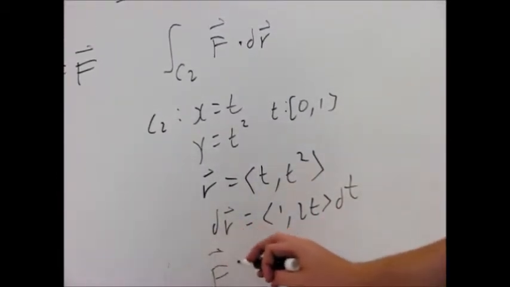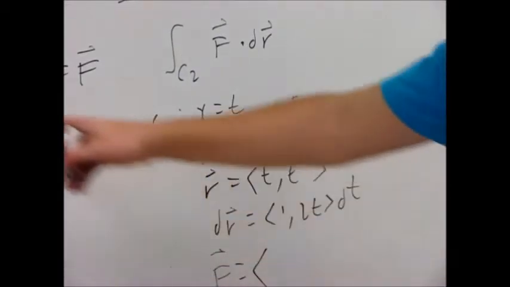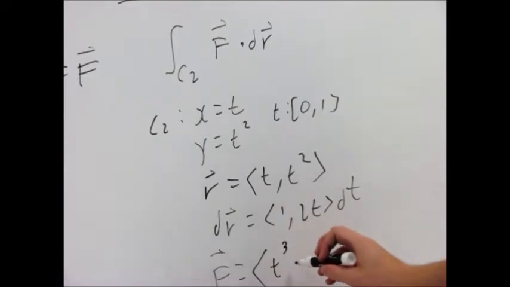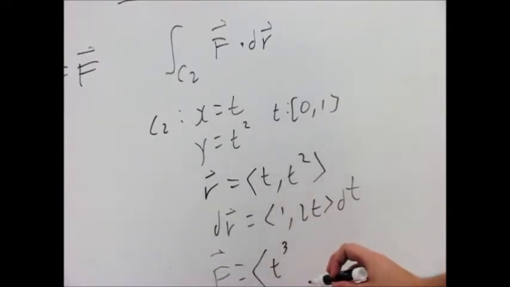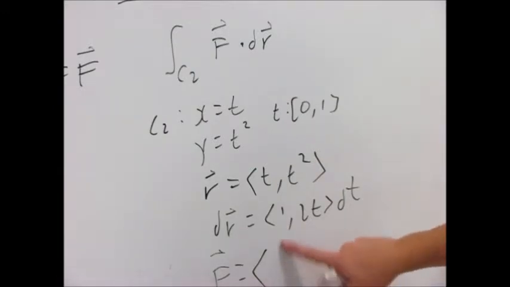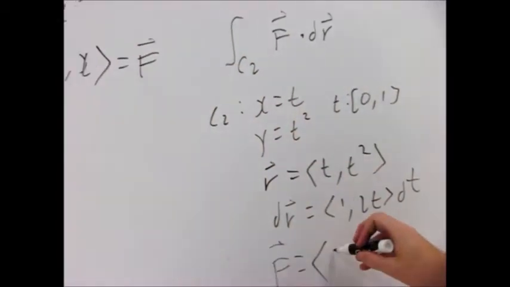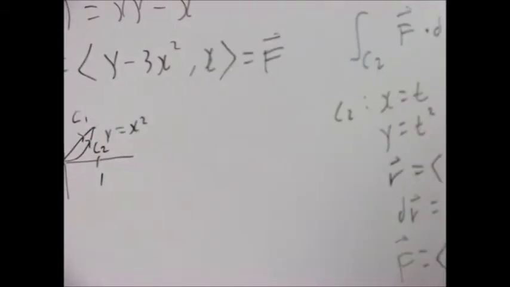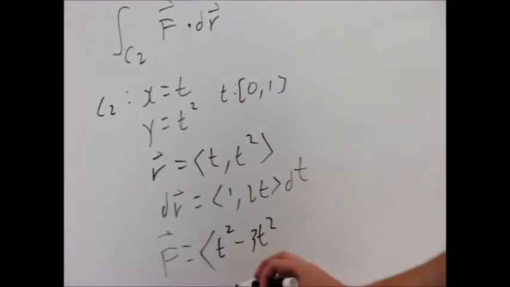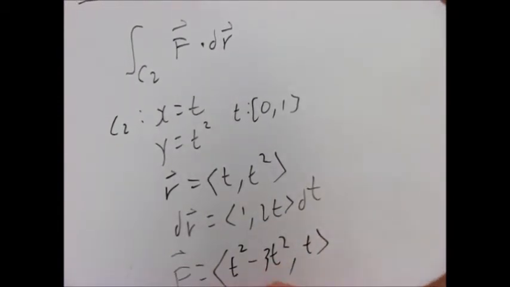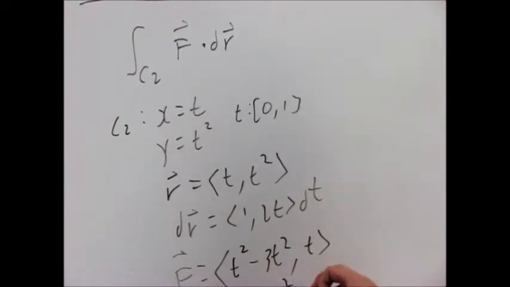And f, well, it's going to be t squared minus 3t squared, which is just negative 2t squared, comma t.